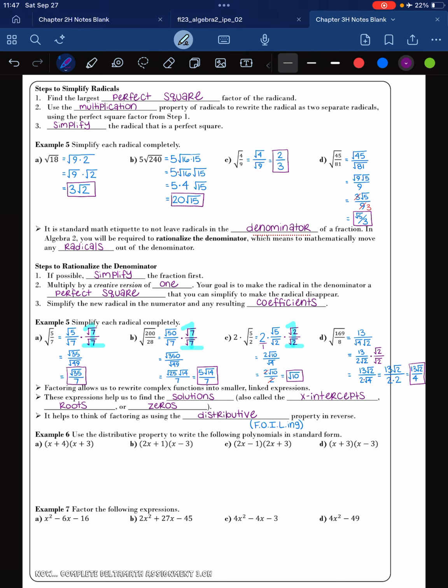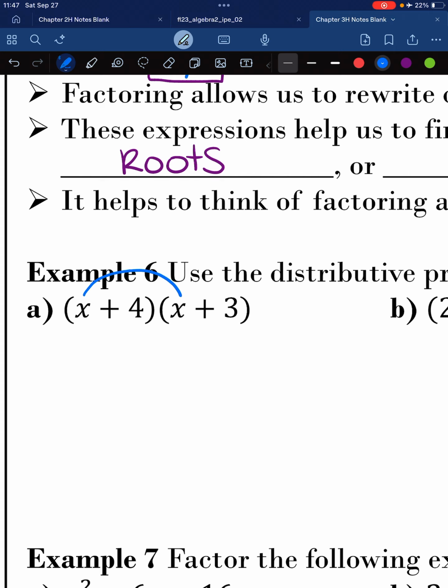So for example 6, I just want us to practice foiling out or distributing a couple problems to really get that process solid in our head. So x times x is going to be x squared. X times 3 is going to be 3x. 4 times x is going to be plus 4x.